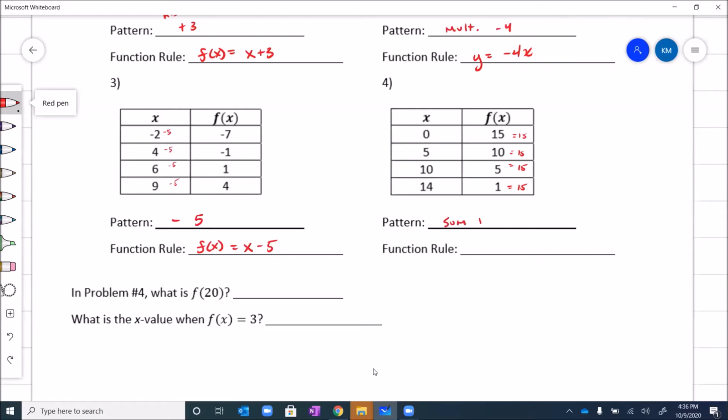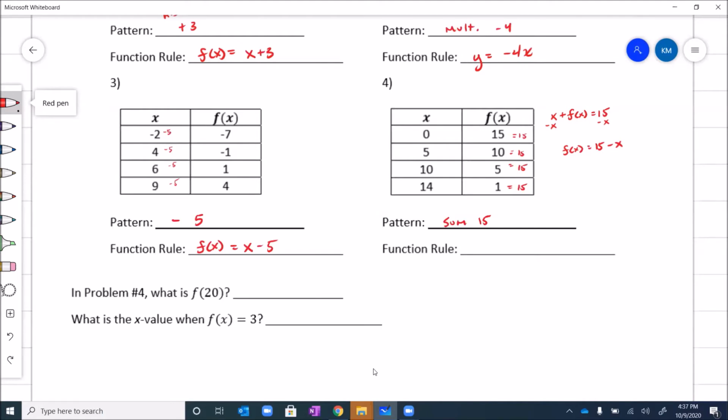I know that the sum of all of these is 15, so I might say x plus f of x equals 15. That's not a function rule, because we want f of x by itself. I can manipulate this equation and subtract x from both sides. F of x equals 15 minus x.